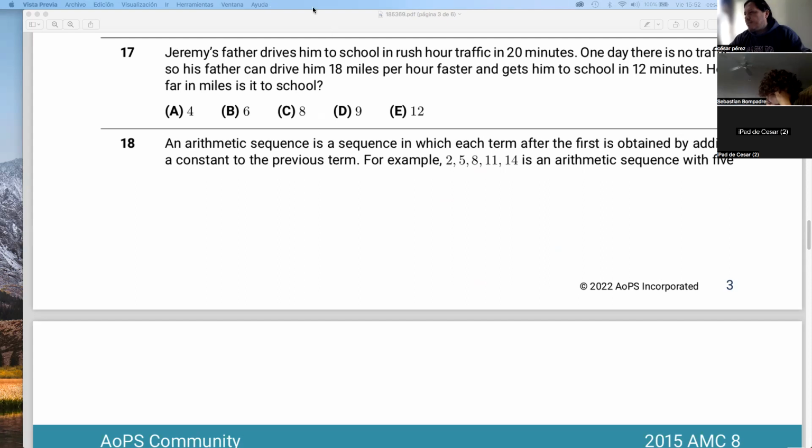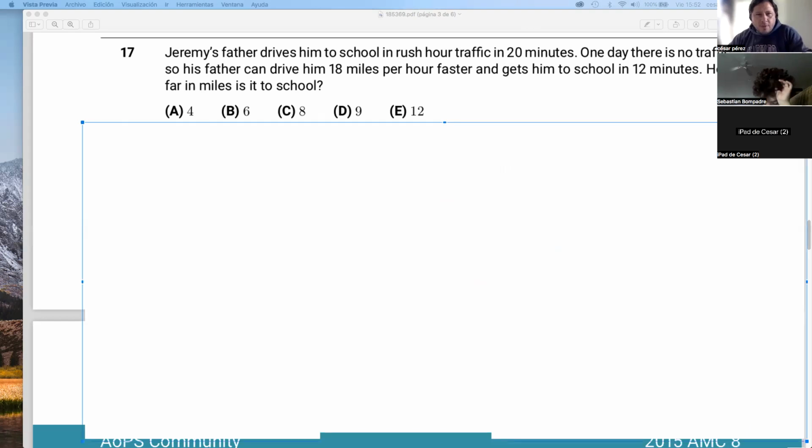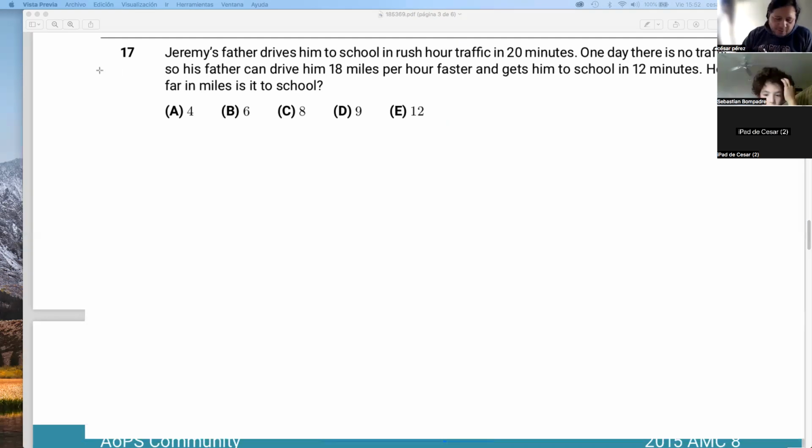Do you have ideas for solving the 17? No. Okay. We have a formula for velocity. Do you know that formula? Velocity equals distance over time.